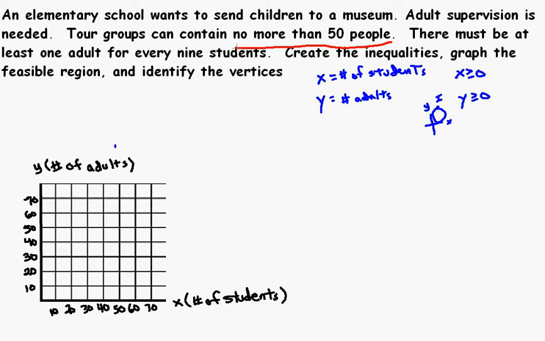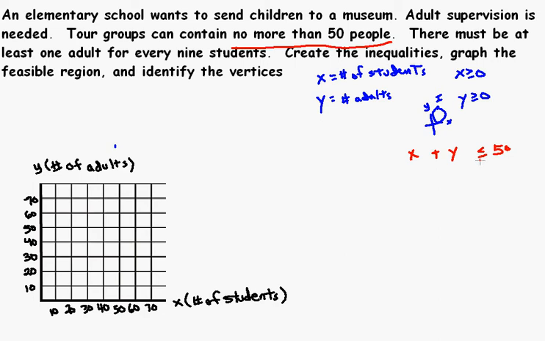So right away that creates a restriction that the total amount of people has to be less than or equal to 50. So who are the people? Well, they are the students and the adults. So if X is the number of students and Y is the number of adults, their sum has to be less than or equal to 50. So there's one of the inequalities right there.